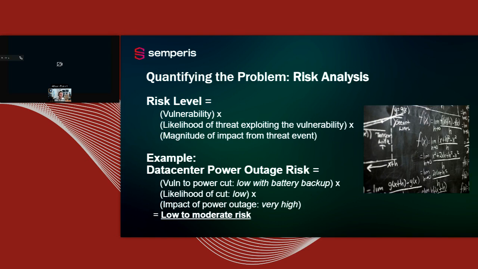It's actually pretty low because this risk has been mitigated with a battery backup, because we know that power problems happen to data centers, or a diesel backup, times the likelihood of the power cut, which is generally low because the power providers have done what they can to make sure that the power flows to data centers very, very highly available so that they don't get outages.